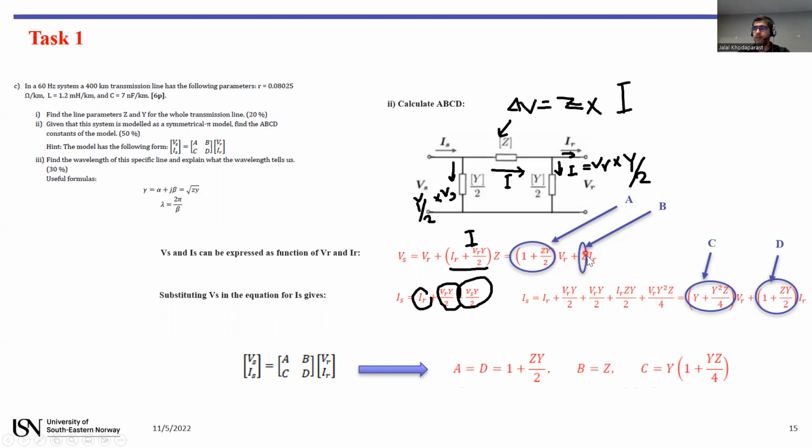B is Z, and C is this formula. So based on this formulation, we can calculate A, B, C, and D.